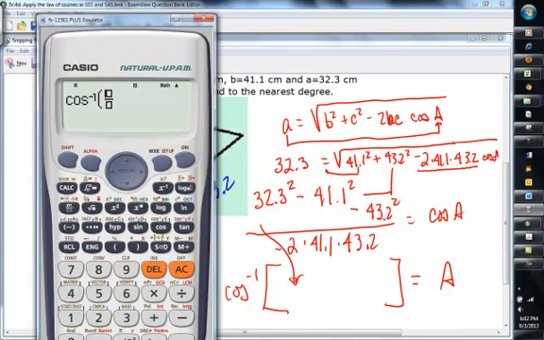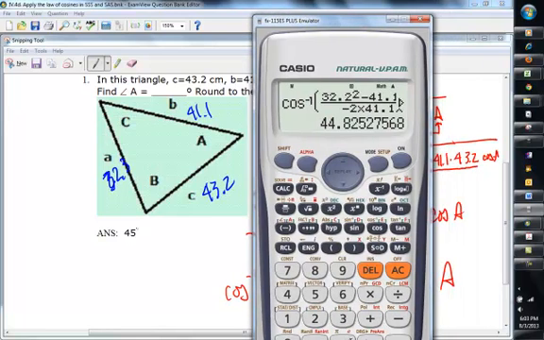Let's write out the fraction, and we'll have 32.3 squared minus 41.1 squared minus 43.2 squared, and the denominator is negative 2 times 41.1 times 43.2, and I think we can close the parentheses, and we get 44.825 degrees, which should be rounded to the nearest degree as 45.